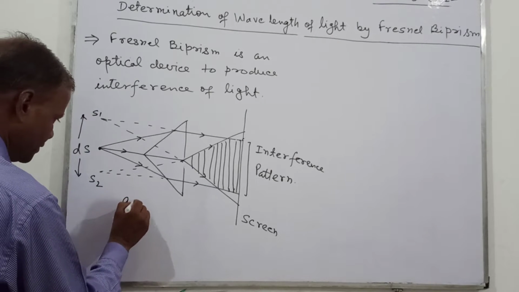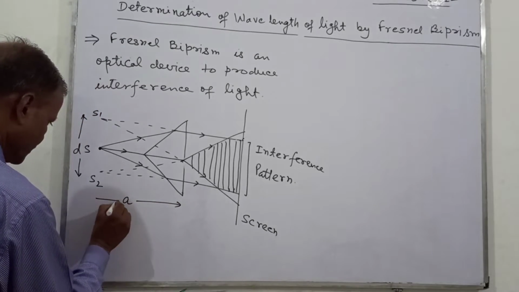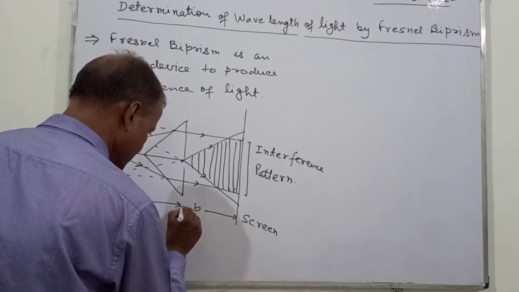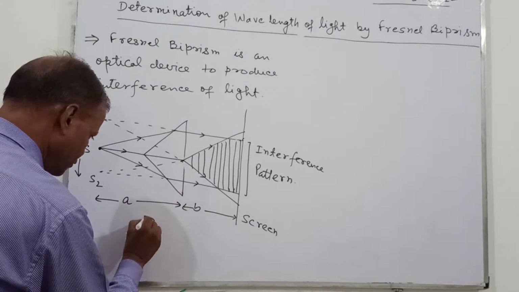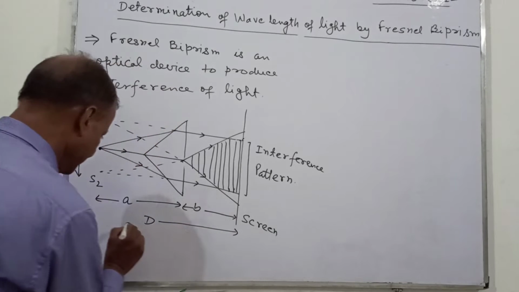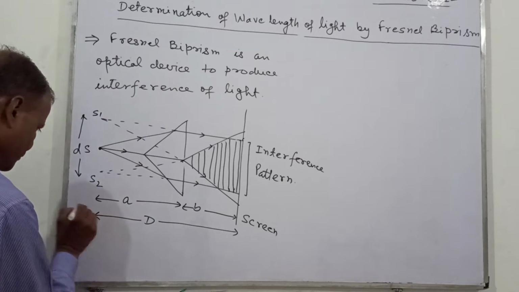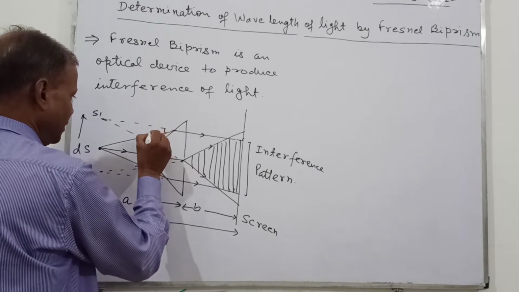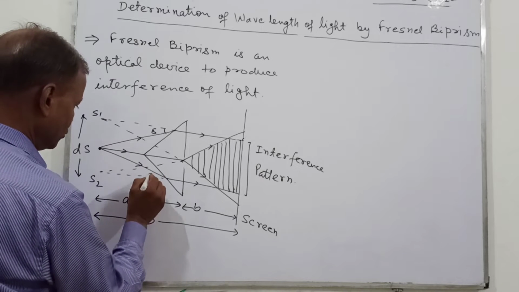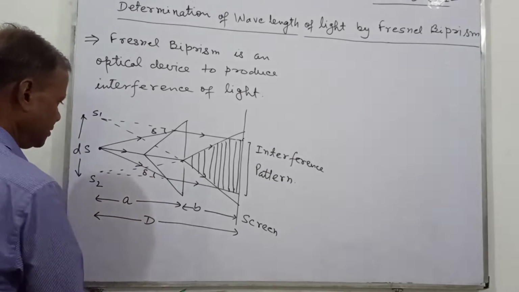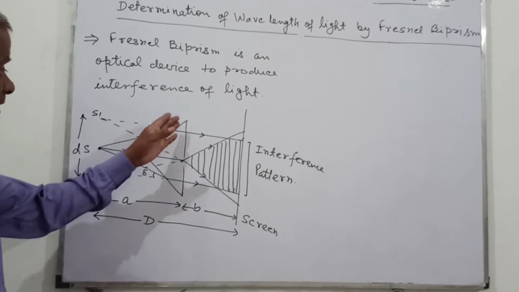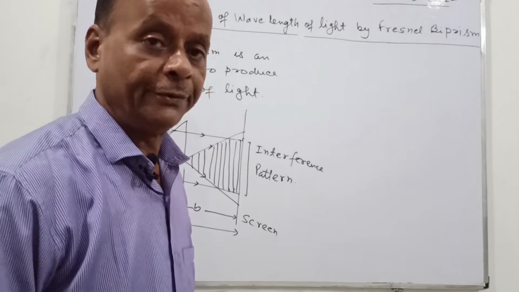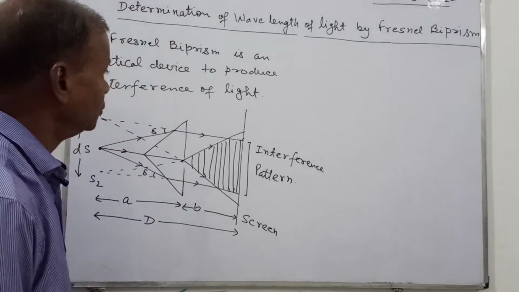This distance is a, and this distance is b. This is the angle of deviation, delta. This is also the angle of deviation, delta, because we know that this prism produces the angle of deviation between the light rays.